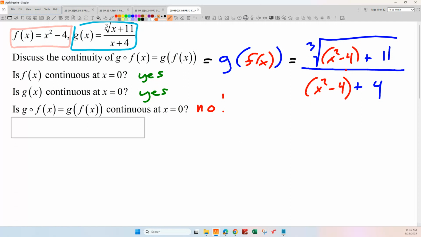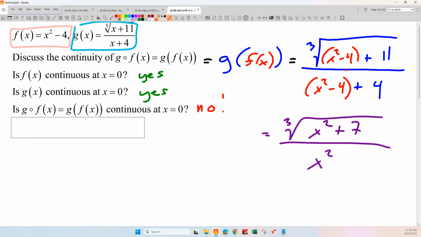I get a new function, and that one has a different domain. This one has the domain where x equals 0 has to be excluded, right? Does that make sense?